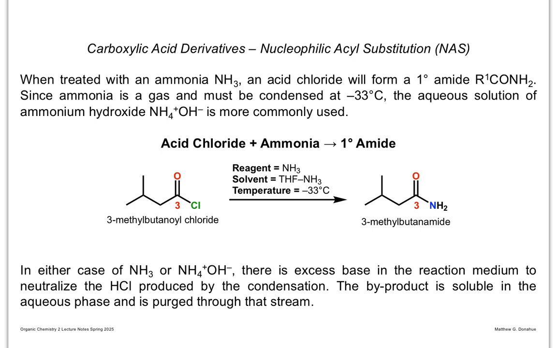I'm only going to show you one amine. So with ammonia, the acid chloride plus ammonia gives you a primary amide.